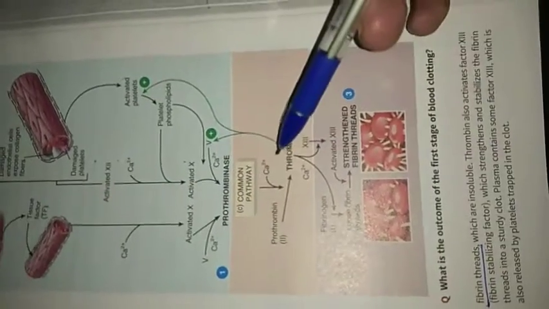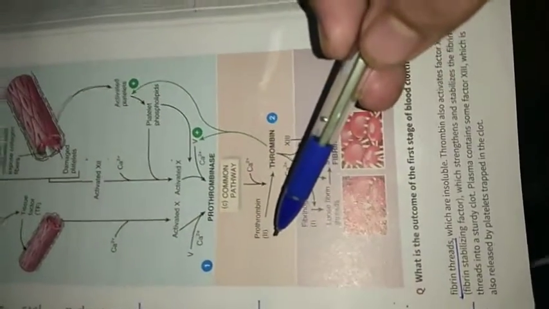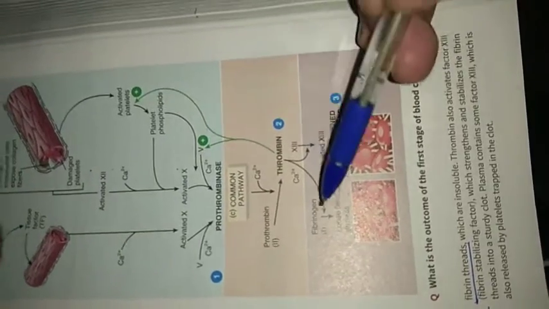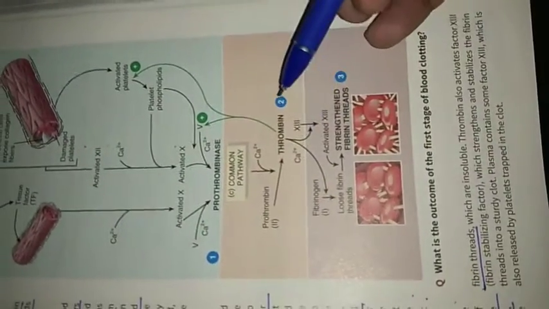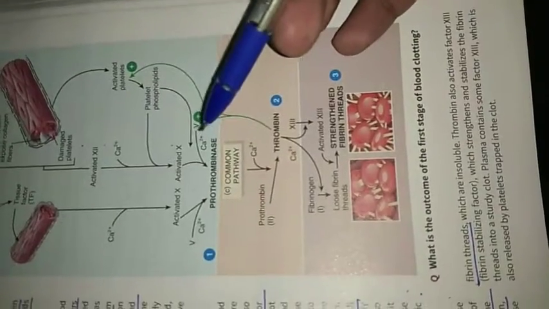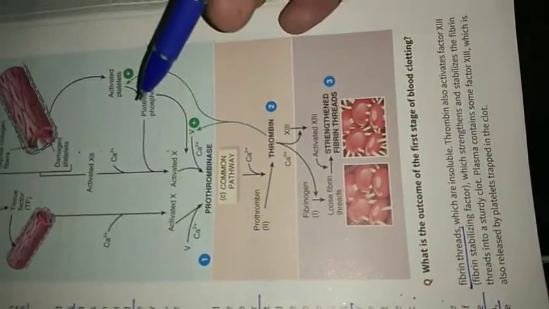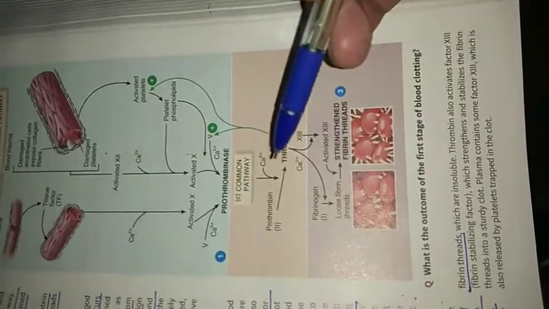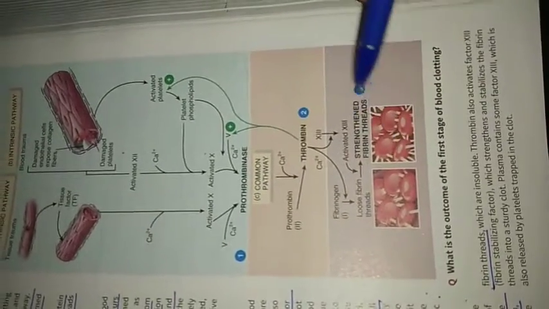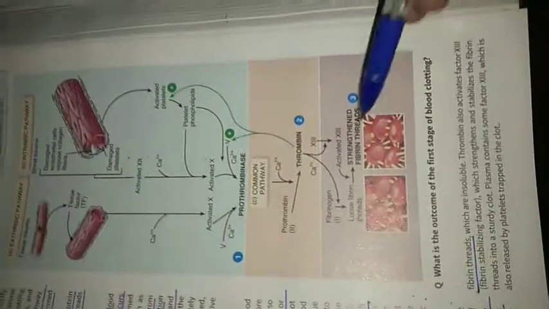Prothrombinase, in the presence of calcium, converts prothrombin into thrombin, and thrombin converts loose fibrin threads into strong fibrin threads in the presence of calcium ions. Thrombin also, through a feedback mechanism, activates factor 5 and platelet phospholipids, and in return the common pathway takes place, and again fibrin threads will form that will bind the blood and blood clotting will occur.